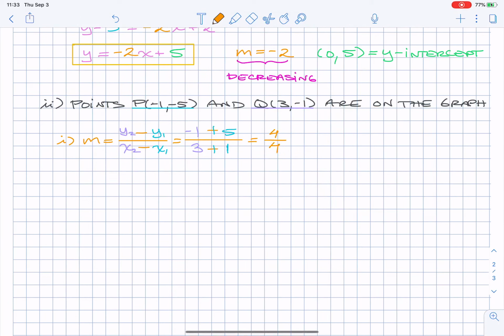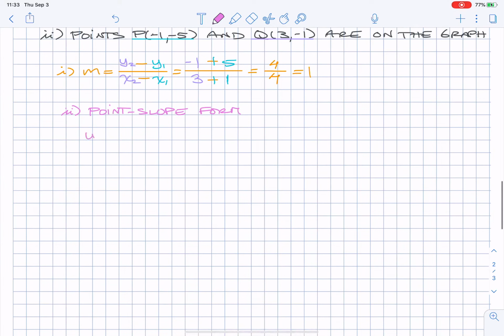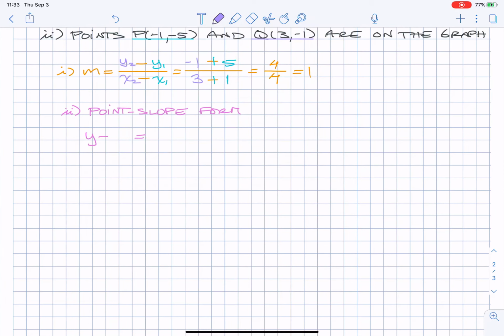Okay. So now step 2 is to use point-slope form to find slope-intercept form. So we'll have y minus y given is equal to, and I'm going to use the other point this time. Not that it matters.